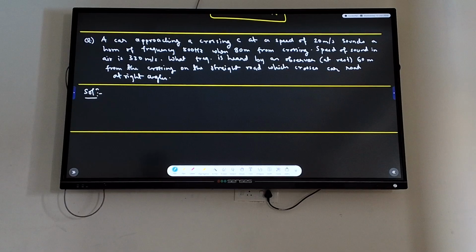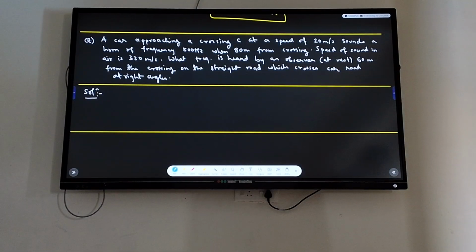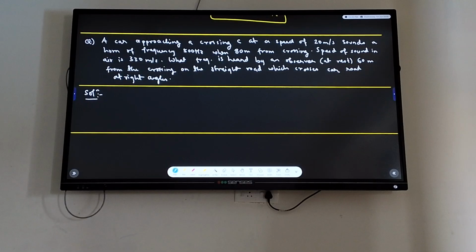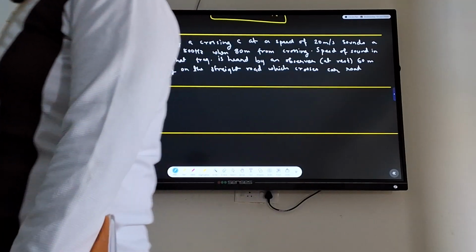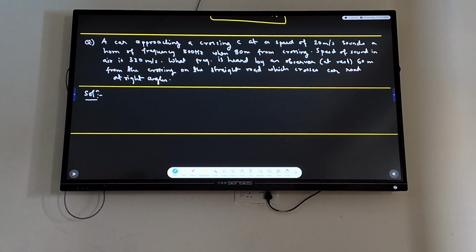Incorrect. Make the proper diagram and then the question will become a piece of cake.